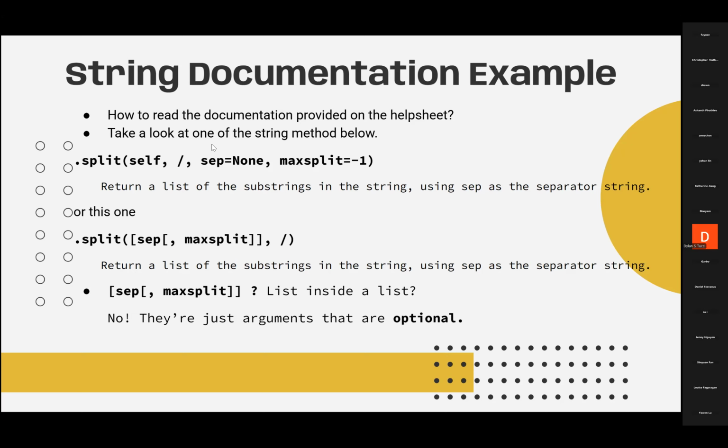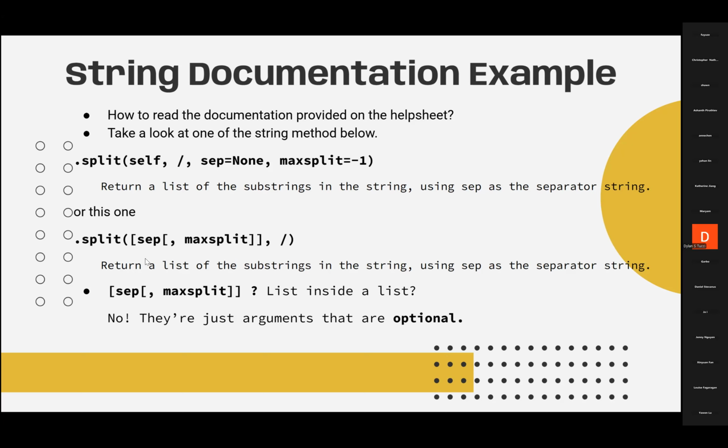Then you provide the arguments for the sep separator and maxsplit. But since sep has a default value none, and maxsplit has a default value -1, you can also ignore the arguments. You can just say dot split. It will split by, I think, the space.